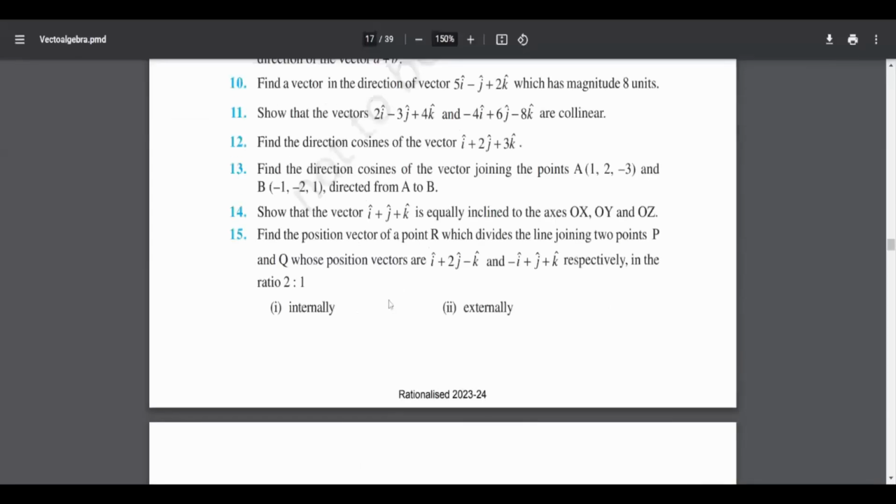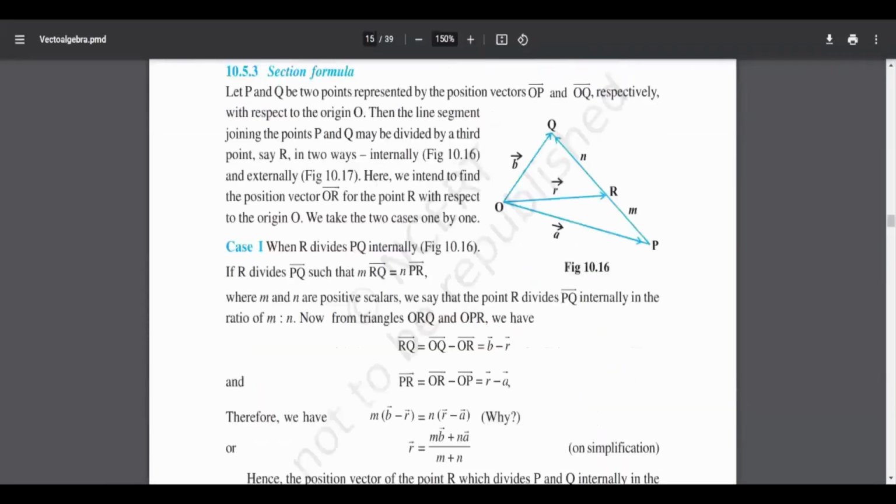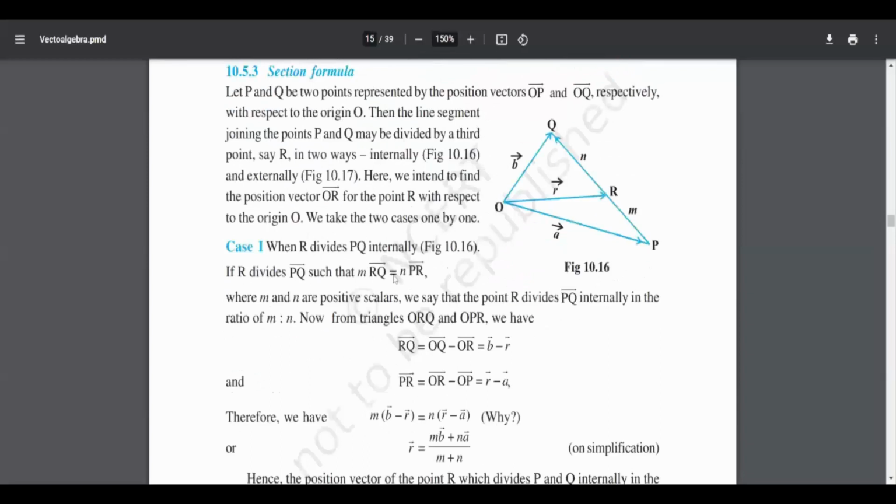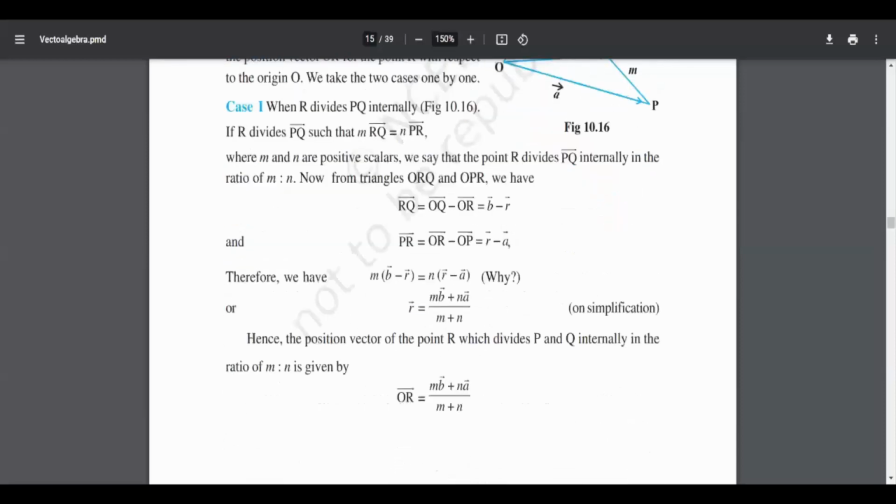Let me show you this formula. Yes, here it is: the section formula. You can see the derivation also here in NCERT. Case 1: if P and Q are divided internally in the ratio m and n, the formula for the vector R is m b plus n a by m plus n.